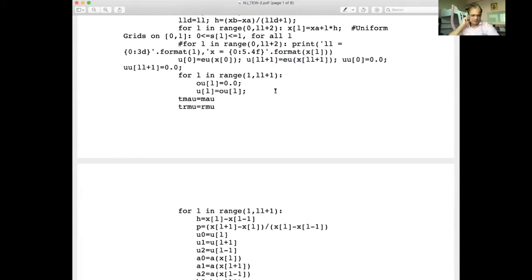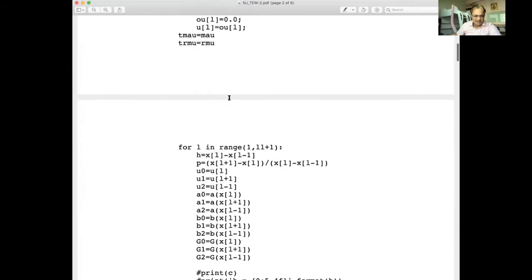So now, old U is assigned 0 and UL is assigned old U. This is required at the time of finding the solution. Now, as I told you, you have to calculate U0, U1, U2.